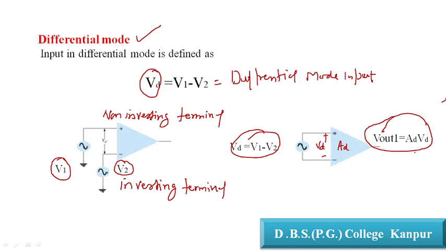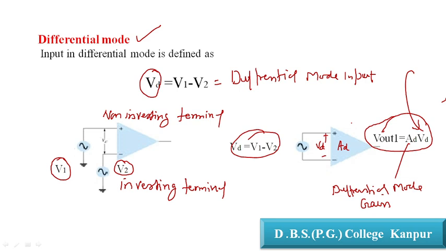So AD is the differential mode gain, and VD is the differential input voltage. The output in this condition is AD into VD.